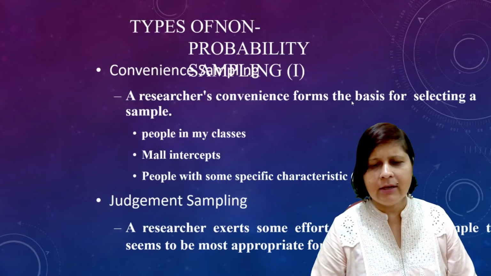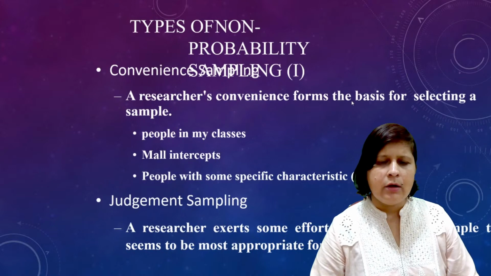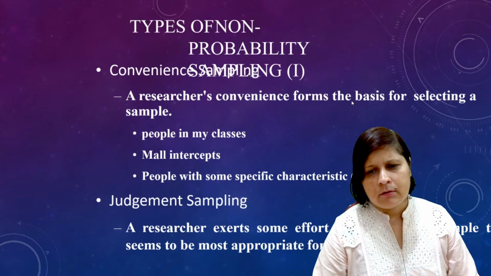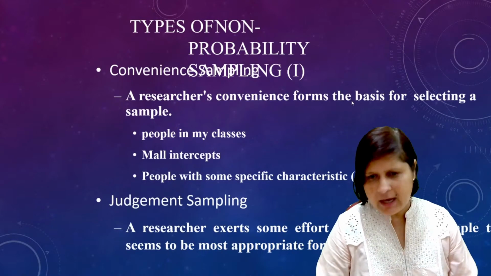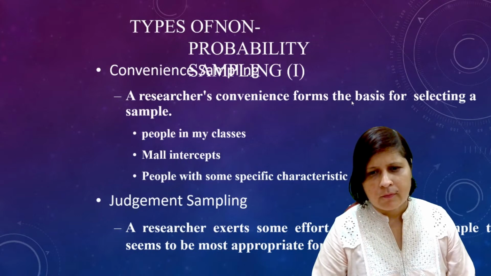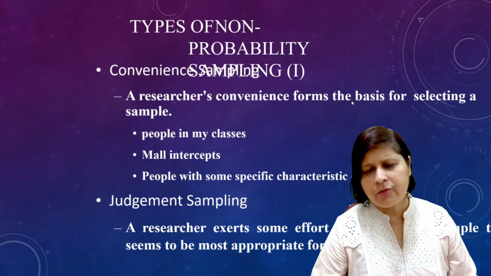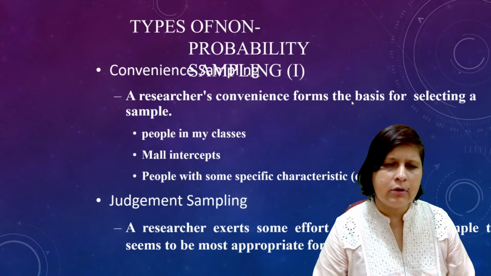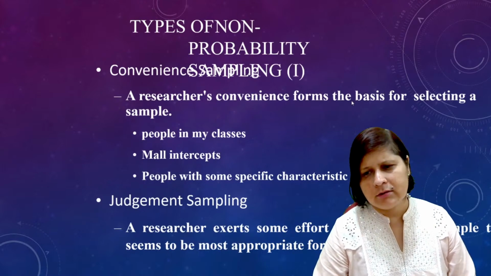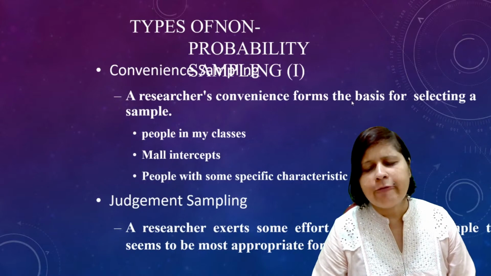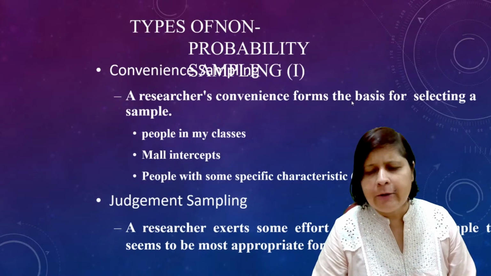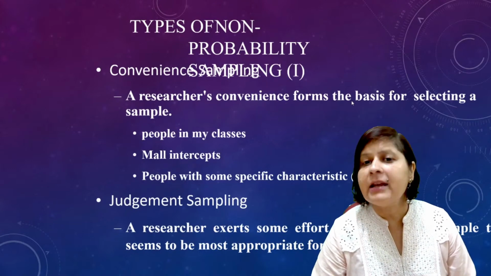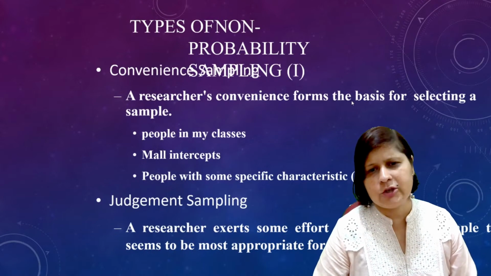If I want to study online shopping habits of males, then I can go for convenience sampling, or I can go with simple random sampling. If I go by convenience sampling, it is not good, because with non-probability sampling I cannot generalize the results.